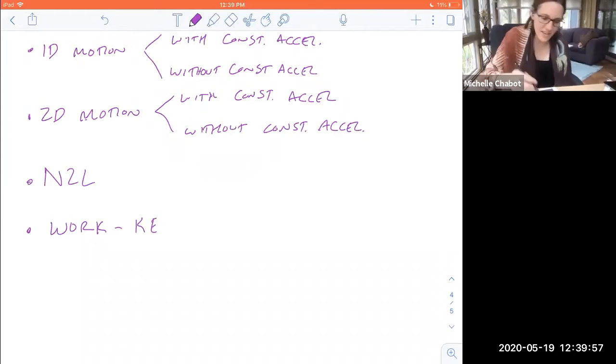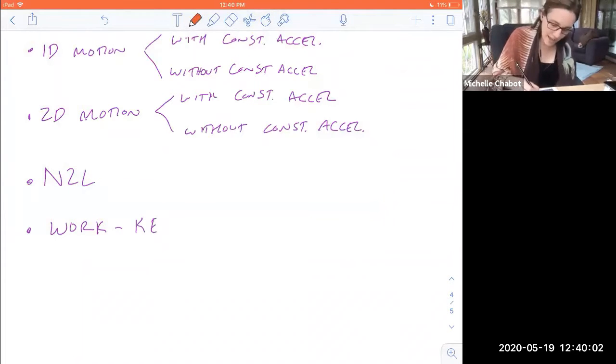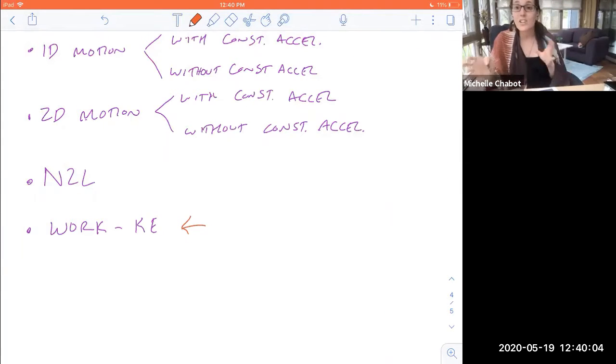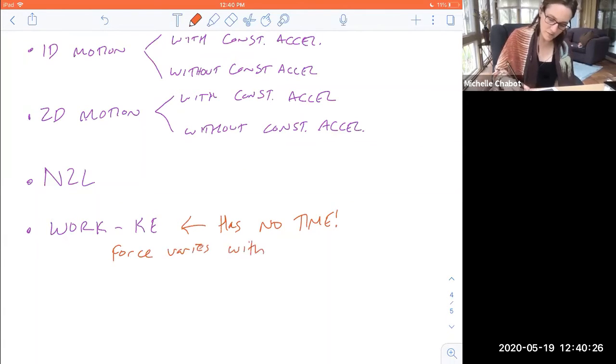One thing I need to point out that is exceptionally important is problem recognition, knowing for each part or step of a problem when to use work-kinetic energy versus 1D or 2D motion. Work-kinetic energy has no time in it. The force varies with position, right?